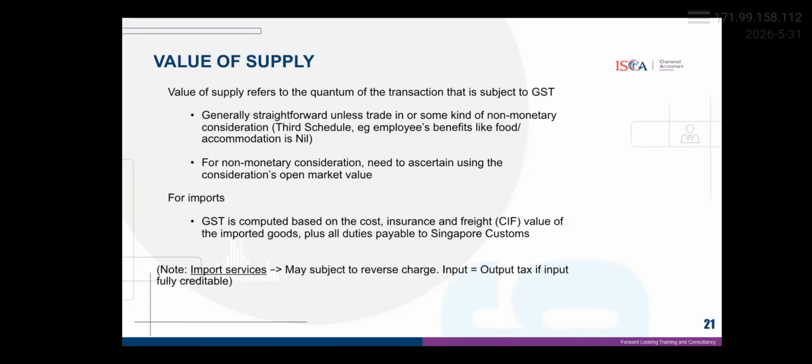The value of supply here refers to the quantum of the transaction that is subject to GST. It's generally straightforward unless trade-in or some kind of non-monetary consideration is involved. For non-monetary consideration, we need to ascertain using the considerations of the open market value.